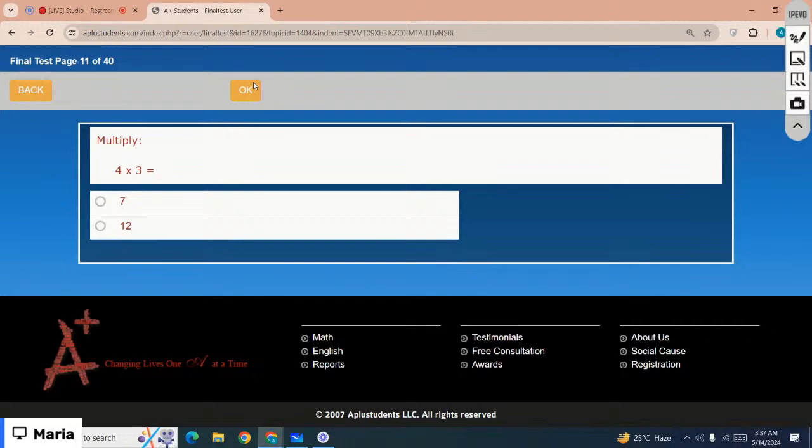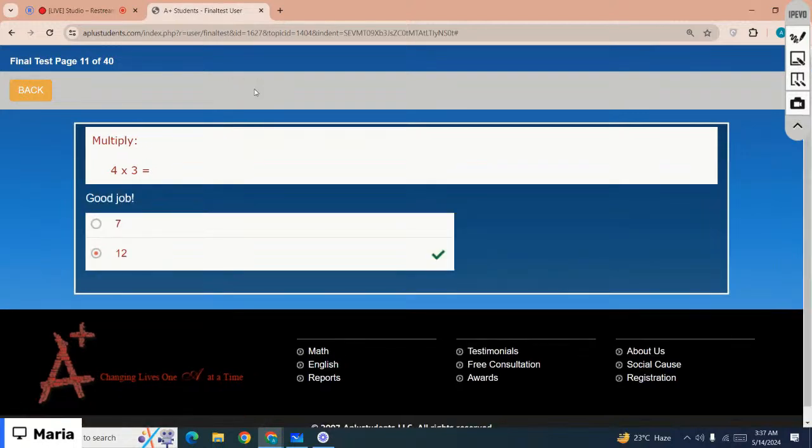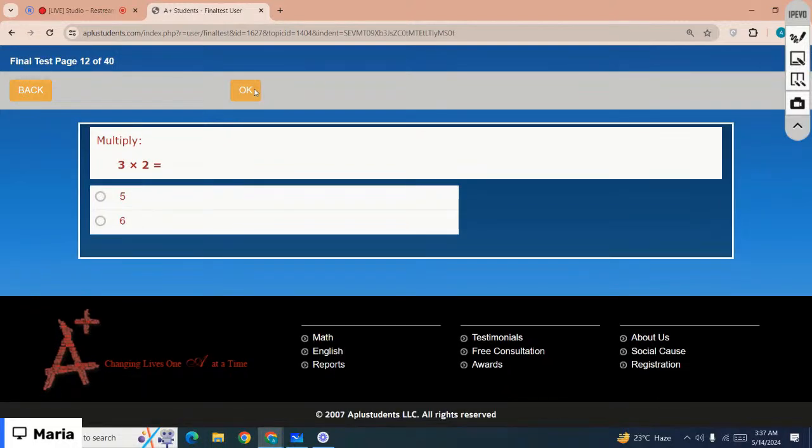4 times 3, which is the correct option. The correct option is 12. 4 times 3 is 12. 3 times 2 equals, yes, 6 it is.